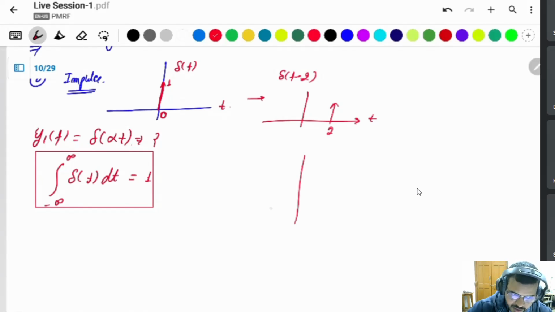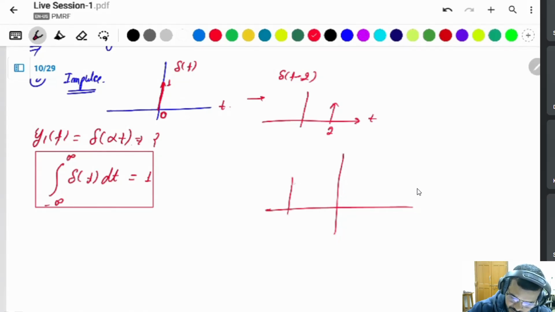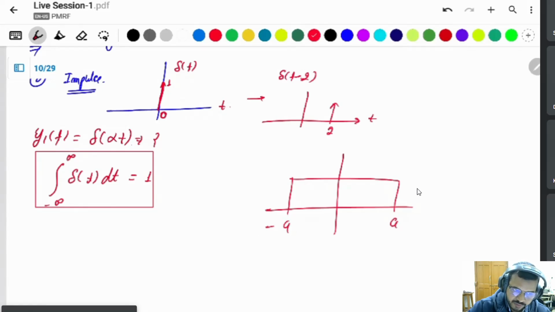Suppose you have a step signal like that. Suppose from minus A to A, the height of this one is 1 by 2A.